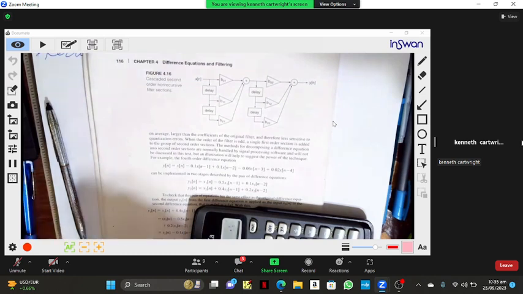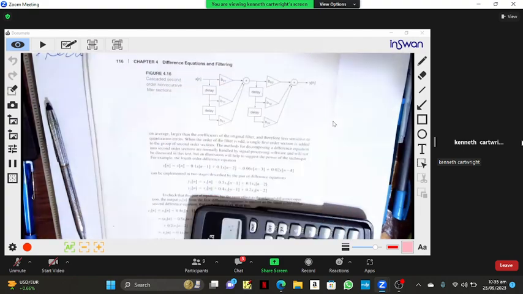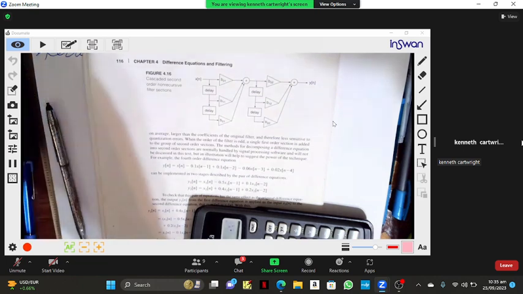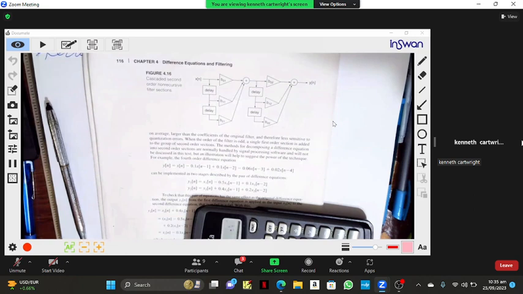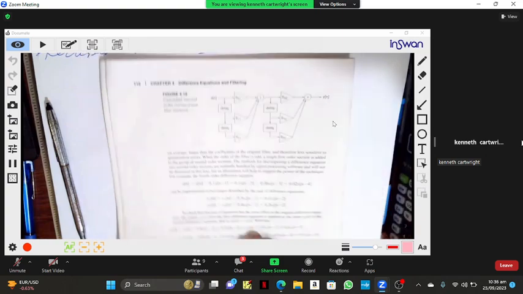We could find out the overall difference equation, but I'm going to leave that until after we've done Z transforms because it's easier to see that way. Just like we cascade analog filters, we can cascade digital filters. Any questions about that?